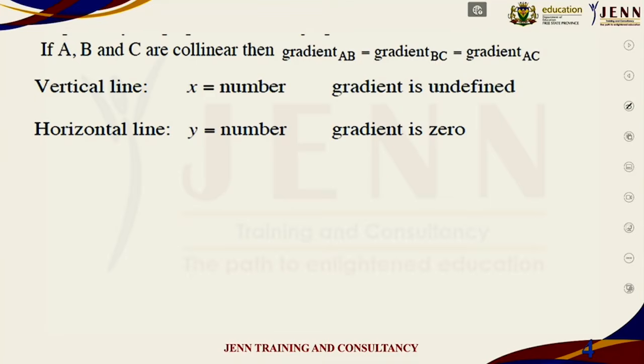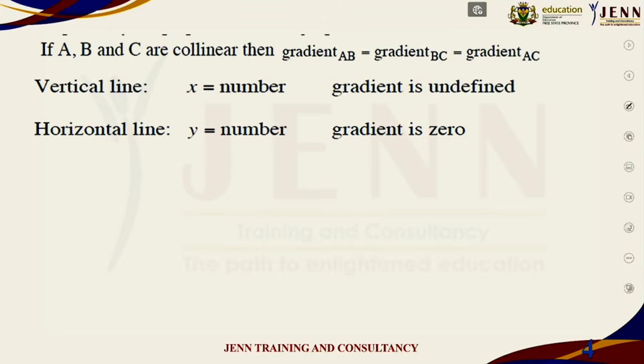Collinear points share the same gradient. If A, B, and C are on one straight line, the gradient of AB will be the same as the gradient of BC, and also the same as the gradient of AC. We are going to dwell on this concept as we go forward.